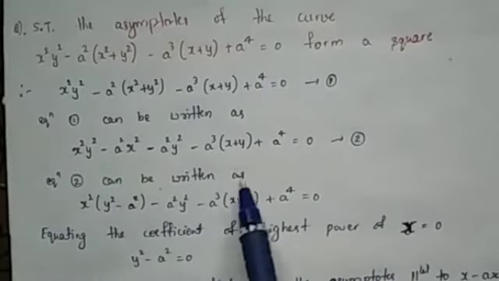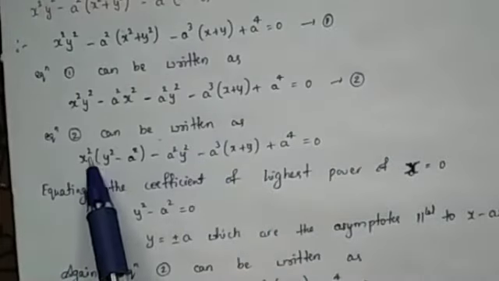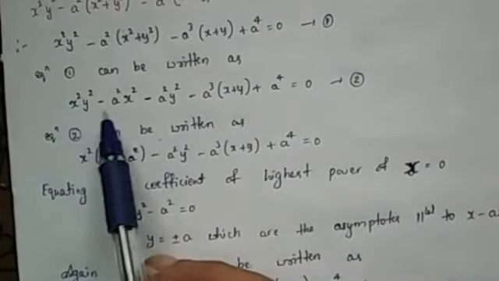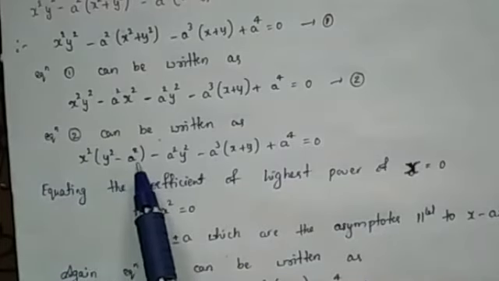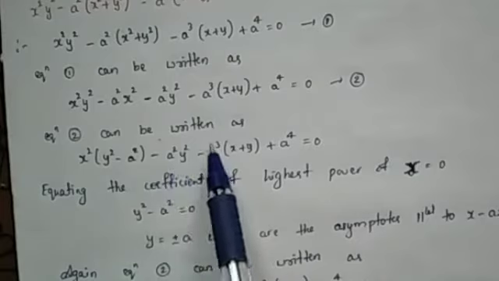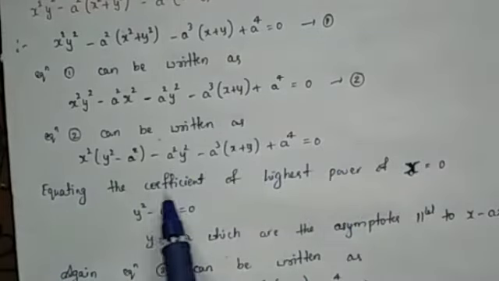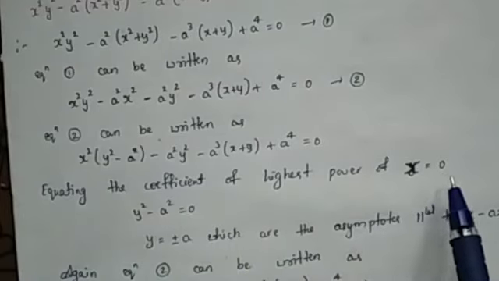Equation 2 can be written as x square of y square minus a square. You take x square as common. So x square of y square minus a square, y square minus a cube x plus y plus a power 4 which is equal to 0. Equating the coefficient of highest power of x to 0.